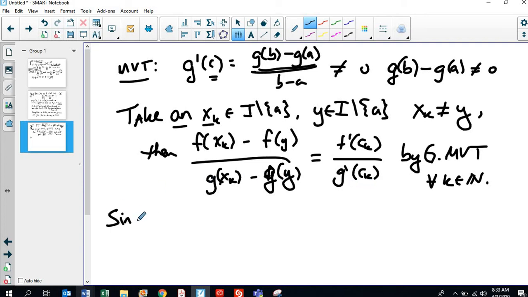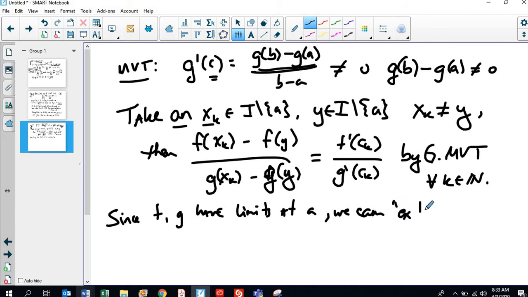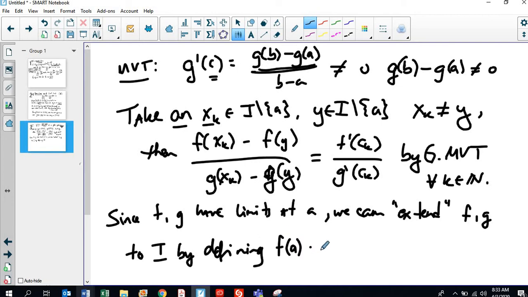And so now, since we know that f and g have limits at a, we can extend f and g to the full interval I now by defining f of a equal to 0 and g of a equal to 0.